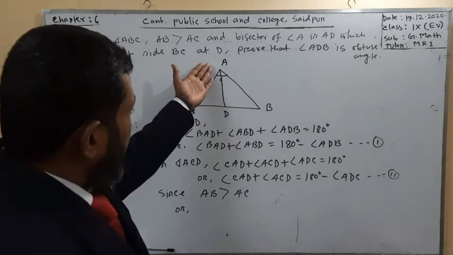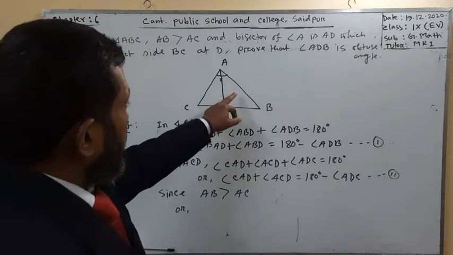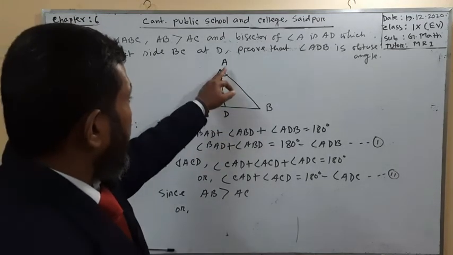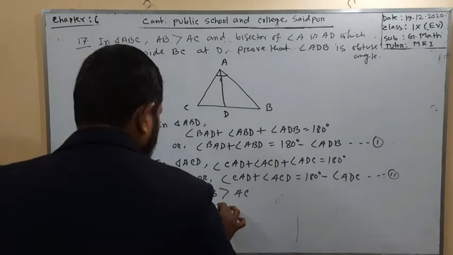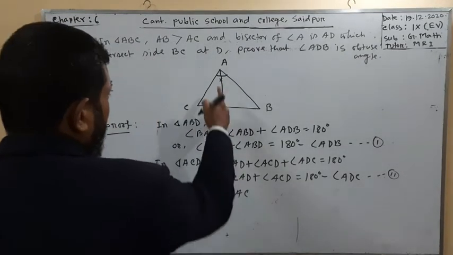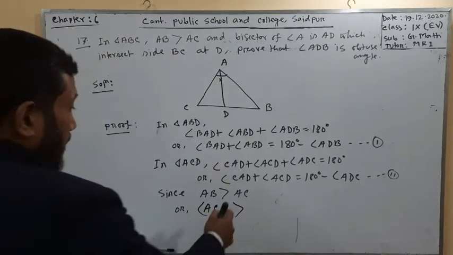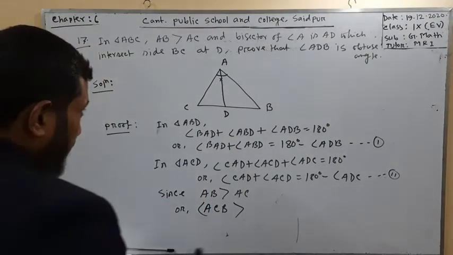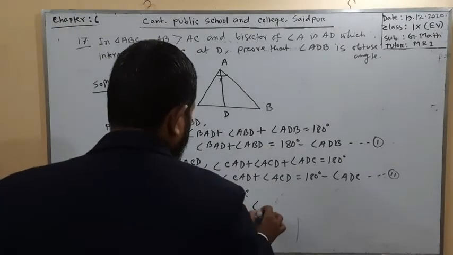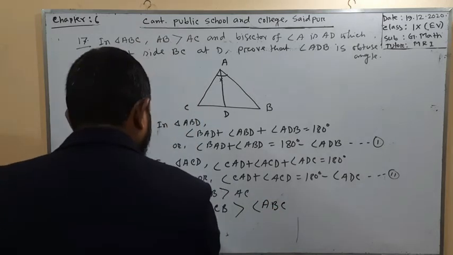So since here AB is greater than AC, the opposite angle of AB, here ACB, will be greater than the angle opposite the lesser side AC, that is here ABC.